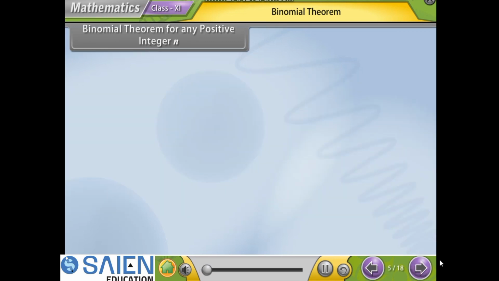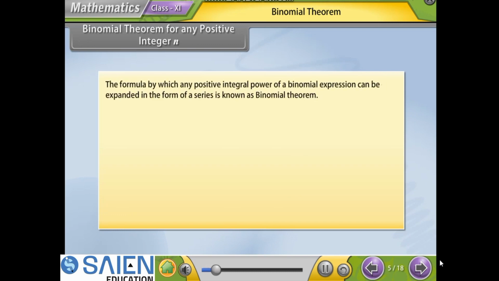Binomial theorem for any positive integer n. The formula by which any positive integral power of a binomial expression can be expanded in the form of a series is known as binomial theorem.